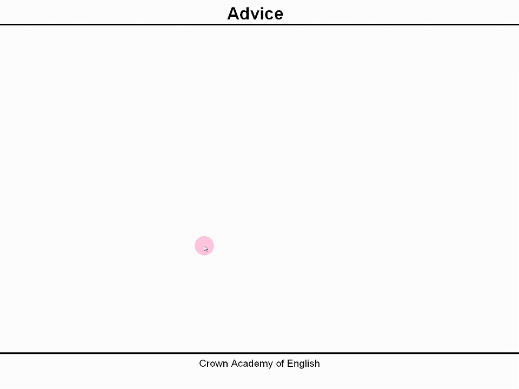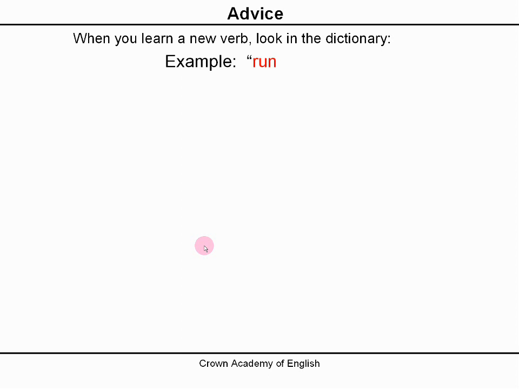So my advice is, when you learn a new verb, or when you hear or see a new verb, look for it in the dictionary. Okay? Look carefully at the dictionary, at all the definitions. And let's have an example with the verb run.